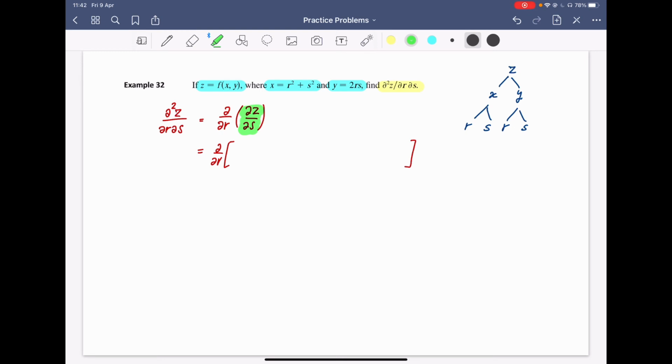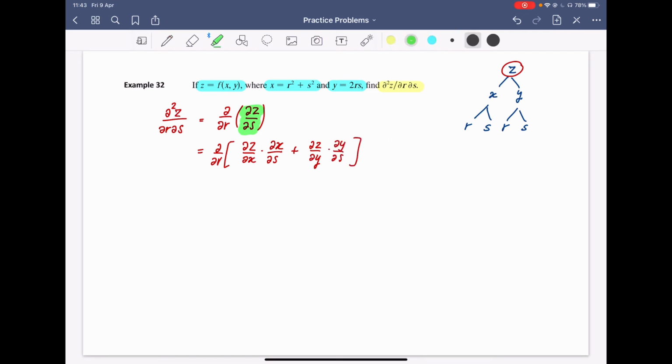What I have is differentiating c, which is on the top level, with respect to s. So I have the derivative of c with respect to x, times the derivative of x with respect to s, plus the derivative of c with respect to y, times the derivative of y with respect to s.